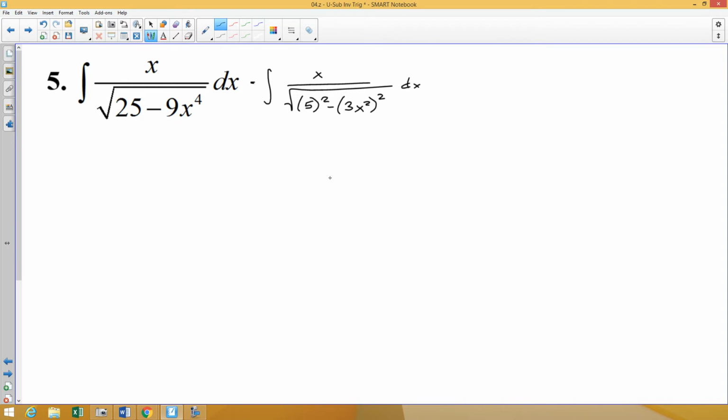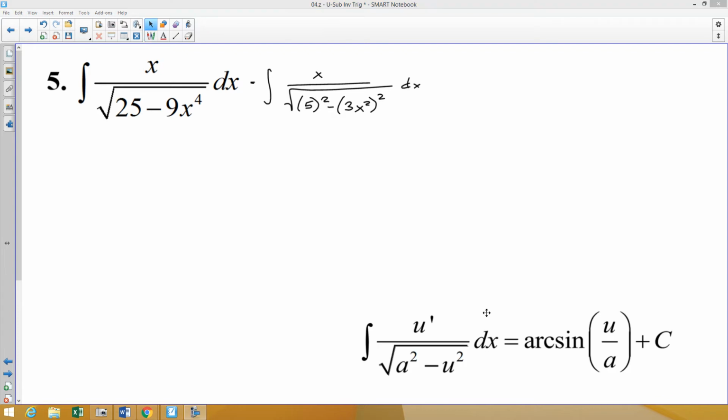I'm rewriting the problem so that I see something squared minus something squared, because the formula I gave you a minute ago was this one right down here, where I really want to see something squared minus something squared. So in this problem, my a value is 5, my u value is 3x squared, because that's what's being squared, but then on top, that needs to be u prime.